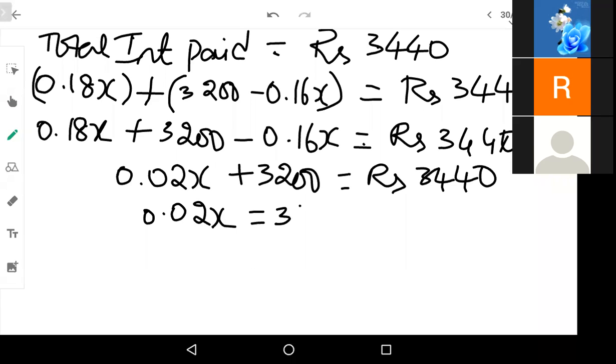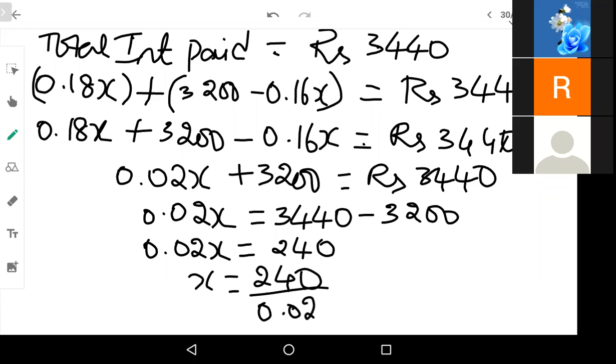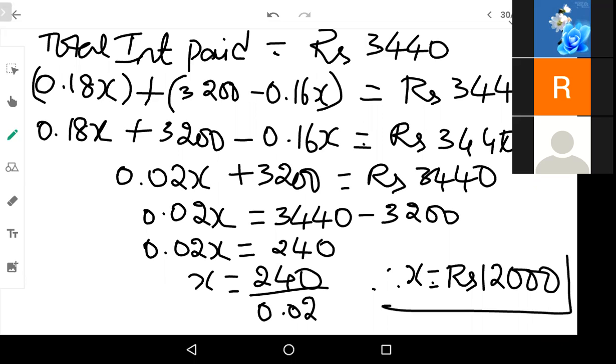So 3,440 minus 3,200. 0.02x is equal to, how much do you get? 240 rupees. So x is equal to 240 divided by 0.02. So therefore x is equal to rupees 12,000. So we have found out the x only.